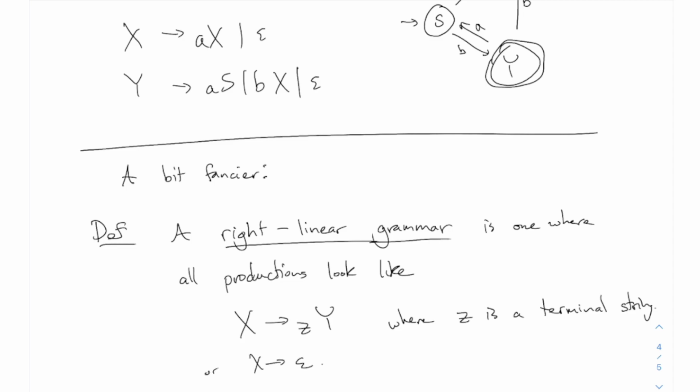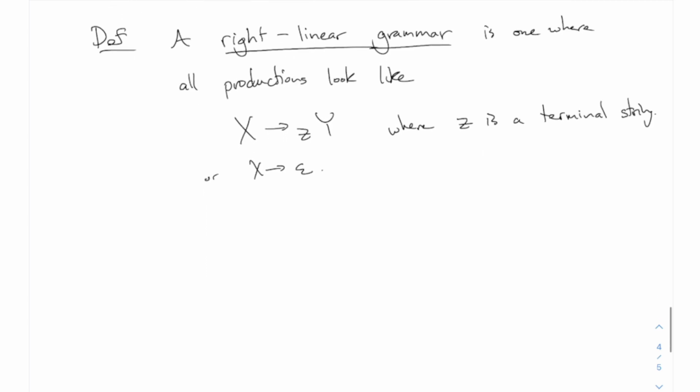All right, those are called right linear. The word right refers to the fact that this non-terminal is to the right of the string part. You could put it the other way around, and then that's called a left linear grammar. Although, for reasons we'll see, right linears are a little easier to make sense of.